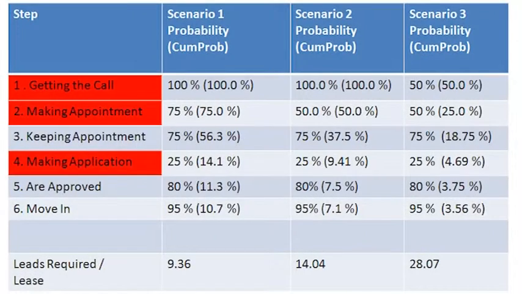And let's just play with that number alone. The number of leads that you require to close a lease jumps from 9.3 to 14. So a very significant jump from just a very small change in your ratio.